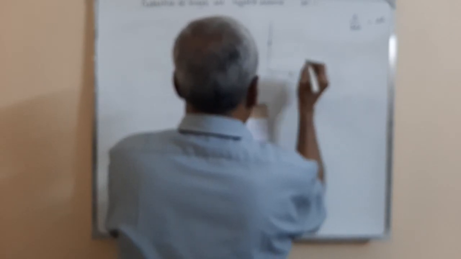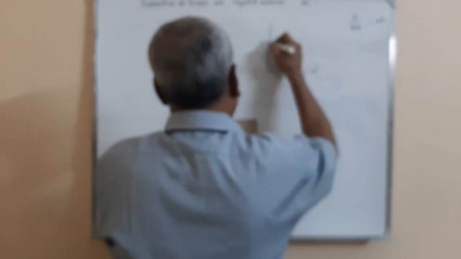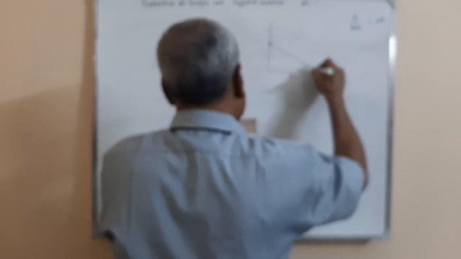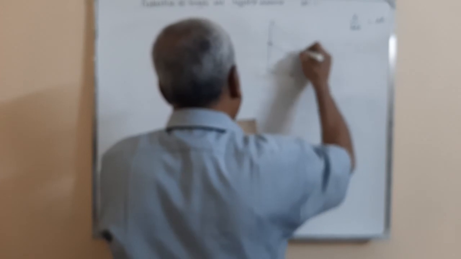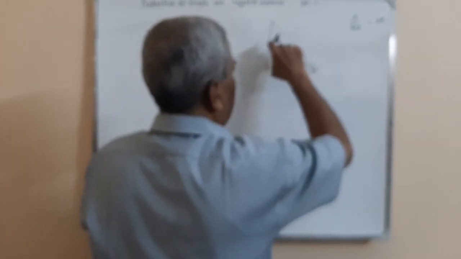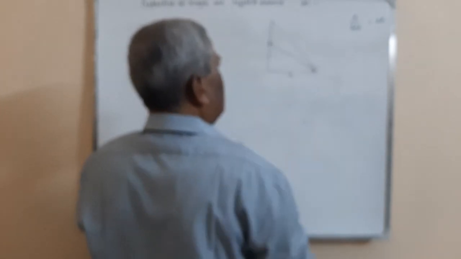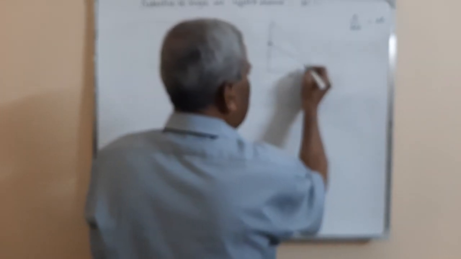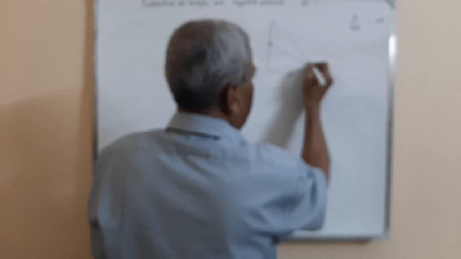At a distance a from the foot of the tower, this is A. From this point, the tower and the flag subtend the same angle. Let it be alpha. This is alpha, this is also alpha.